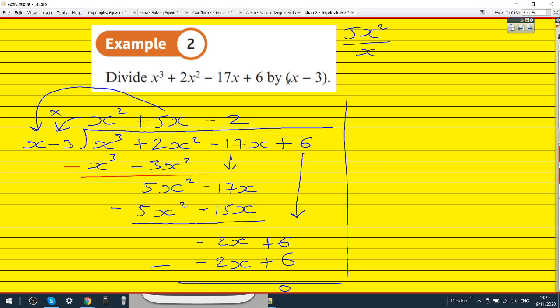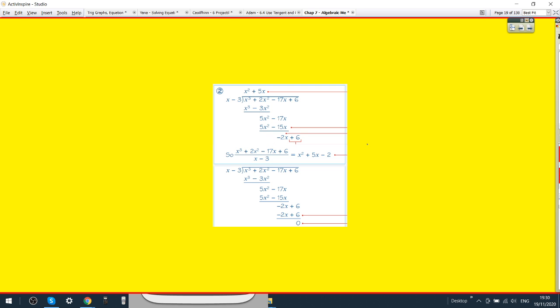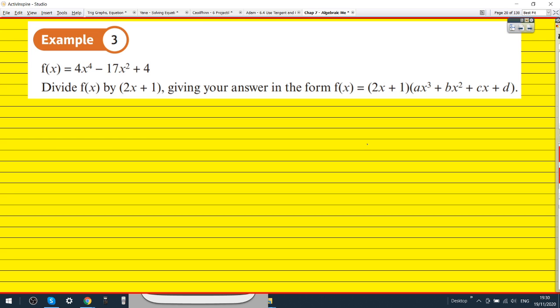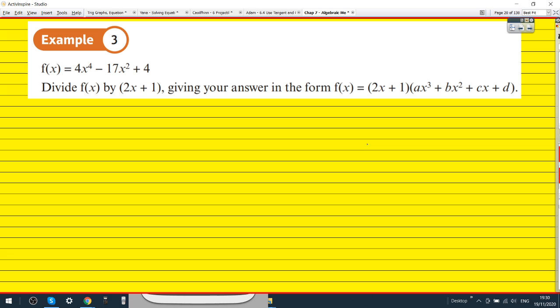X squared plus 5x minus 2. And so it's just algebraic long division that will work. There's different methods of doing it, and we'll get there.